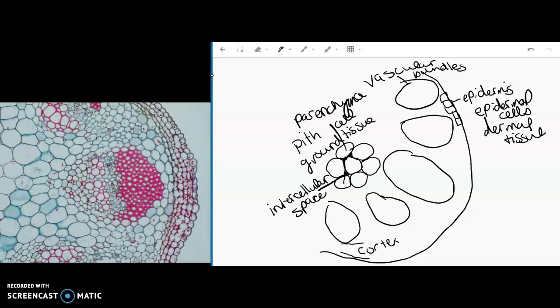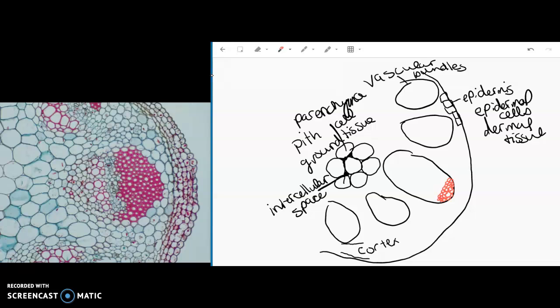So the other thing that we have going on here is I want to focus on these vascular bundles. So in the vascular bundle, on the outer edge, we see these very large, thick-walled cells. So the cell itself is pretty small, the space inside the lumen is pretty small, but the cell wall is quite thick and noticeable, and they've been stained red.